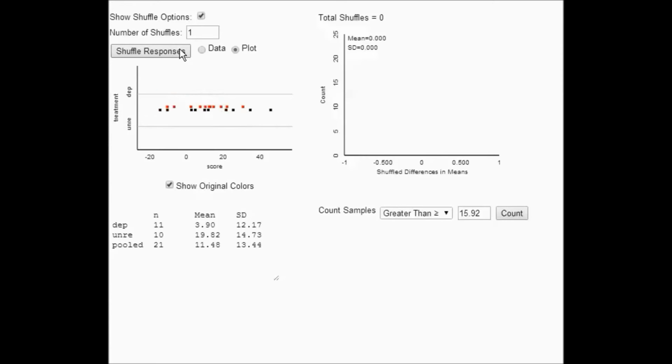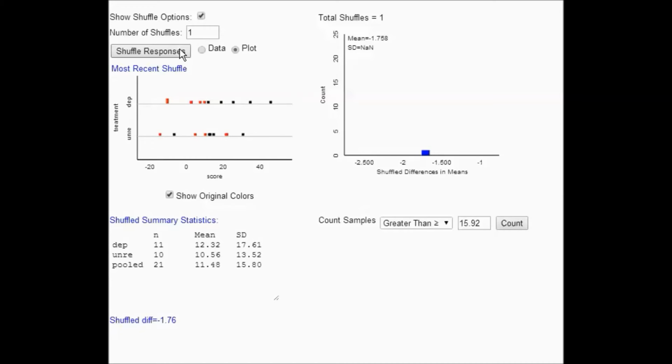When I click on the shuffle responses, the improvement times get shuffled and then randomly distributed into the two groups, just like we did with the cards earlier. In doing so, we get a difference in means of a negative 1.76, and that number is used to start our null distribution. Shuffling again, we get a difference in means of 2.58, and that number is added to our null distribution.